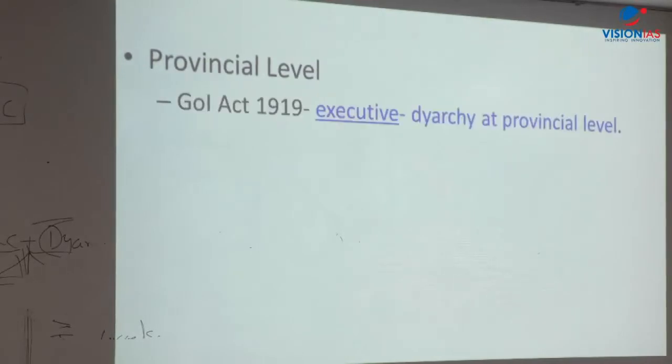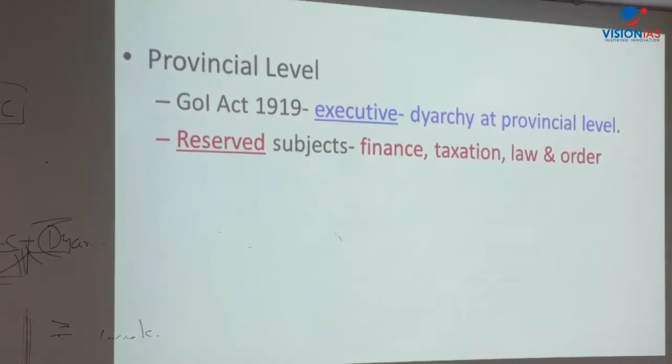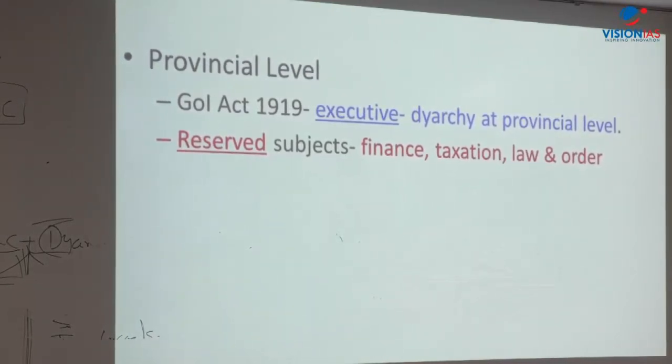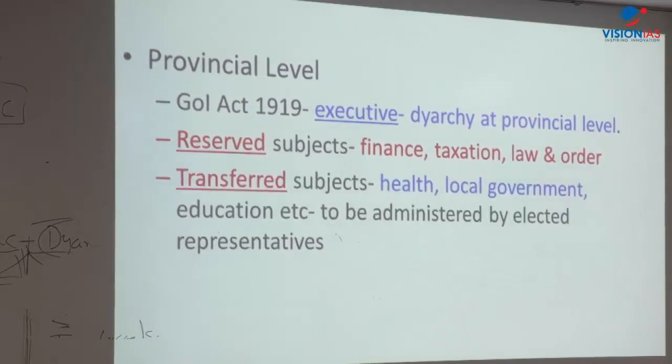So that is there. Now at the provincial level, I told you that there was diarchy at the provincial level. Secondly, there were reserved subjects which were reserved for the Governor General, and these were finance, taxation, law and order, everything that was related to a direct control.